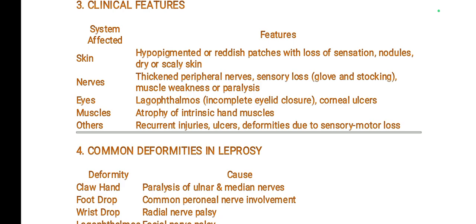If it's the eye, then lagophthalmos, incomplete eyelid closure, corneal ulceration. If it's muscle, atrophy of intrinsic hand muscles will be present. And if other systems are affected, recurrent injuries, ulcers, deformities due to sensory motor loss.